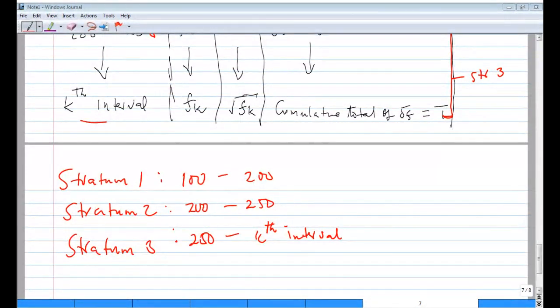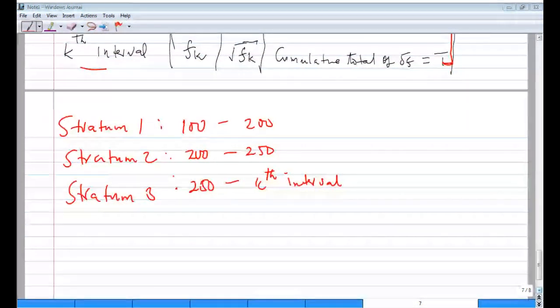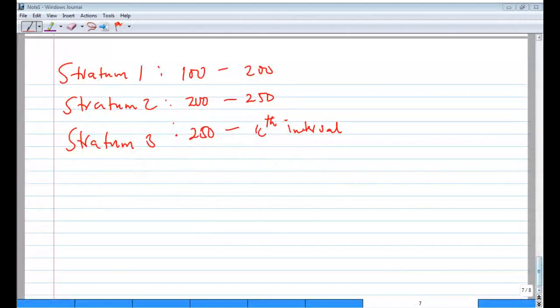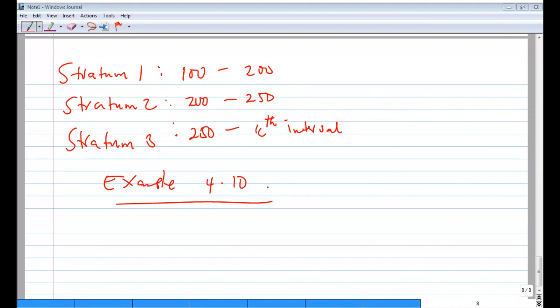Now the question below that table says, how can we best allocate firms to L equal to 3 strata? Okay, so they tell us that our number of strata is 3. Example 4.10. So we need this table.